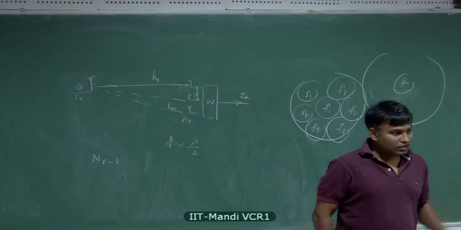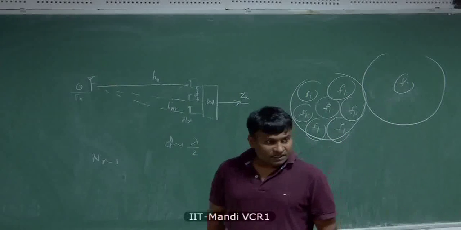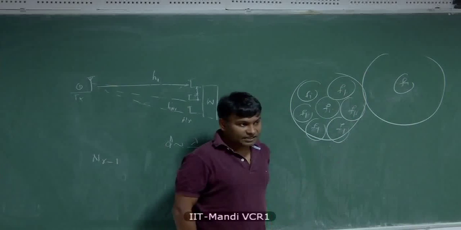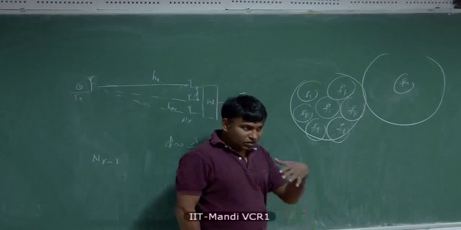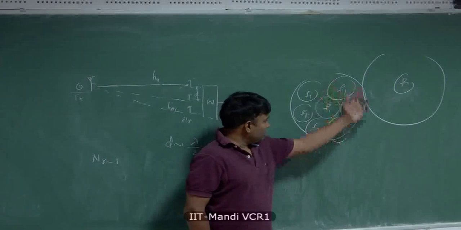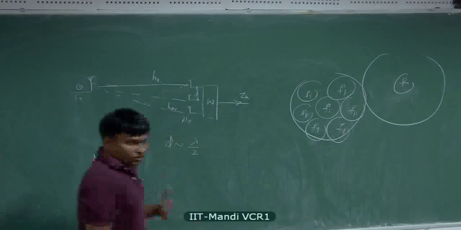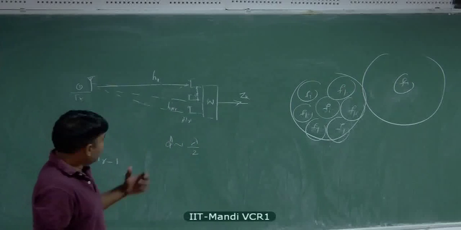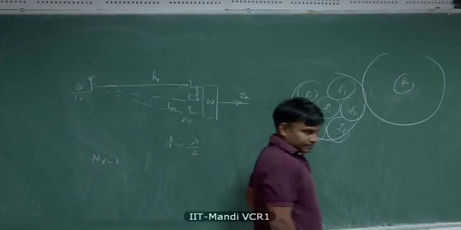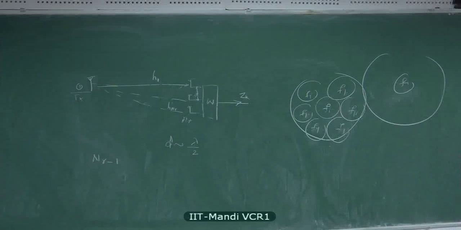Sometimes a low signal to noise plus interference ratio is also acceptable. In such cases, you may want to reuse the frequencies very aggressively, and the signal to noise plus interference ratio will naturally decrease because of more interference, and you need to do something about it, like introduce antenna arrays to reject co-channel interference. That's one way of improving the system performance.